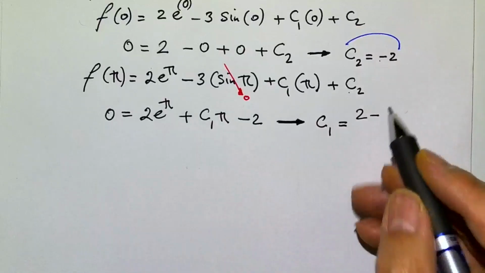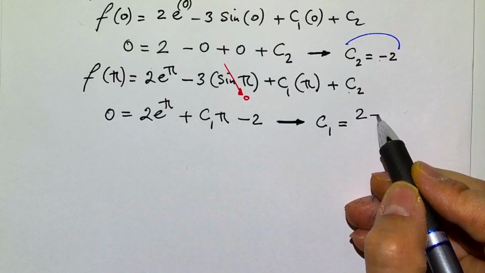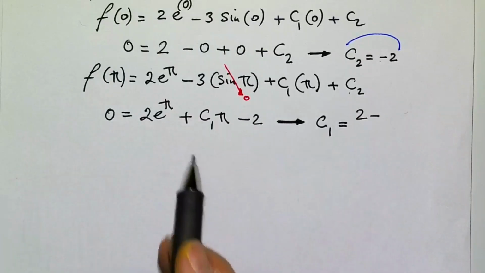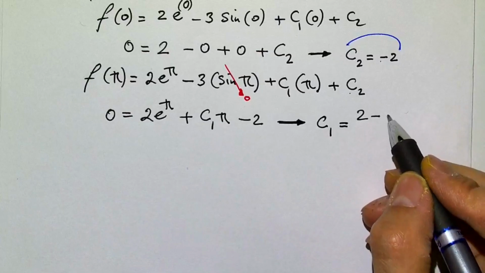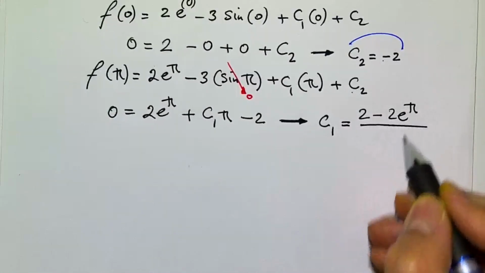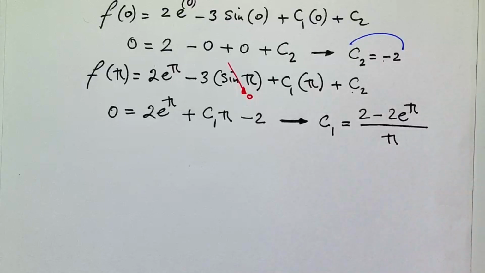I just put this in the middle, so the minus is in the middle. To move these two terms to the left, divide them by pi, that's all. So c1 equals 2 minus 2e to the pi, divided by pi. Okay, that's c1. So now we have c1 and c2.